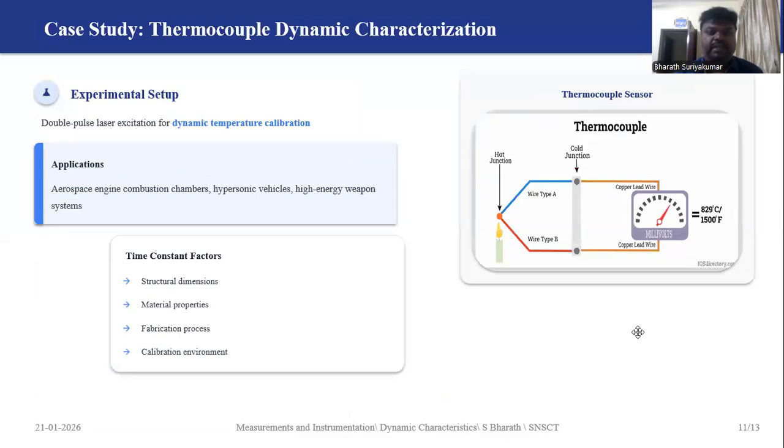This is the complete experimental setup of a thermocouple sensor, where we have a hot junction, a cold junction, two types of wires, and a copper lead wire connected to the millivolt pointer. The factors involved during this measurement are structural dimensions, material properties, fabrication process, and calibration environment. This is applied in aerospace engine combustion chambers, hypersonic vehicles, and high energy weapon systems.